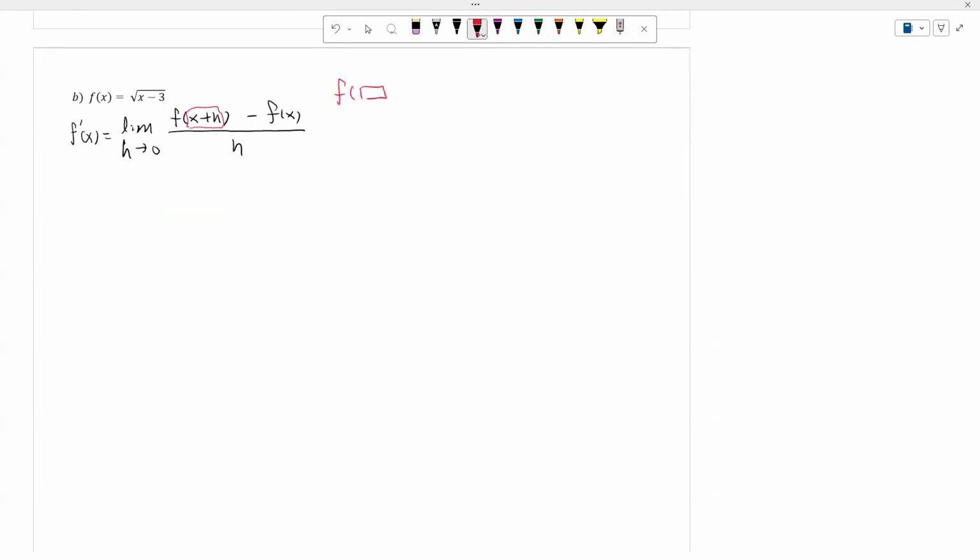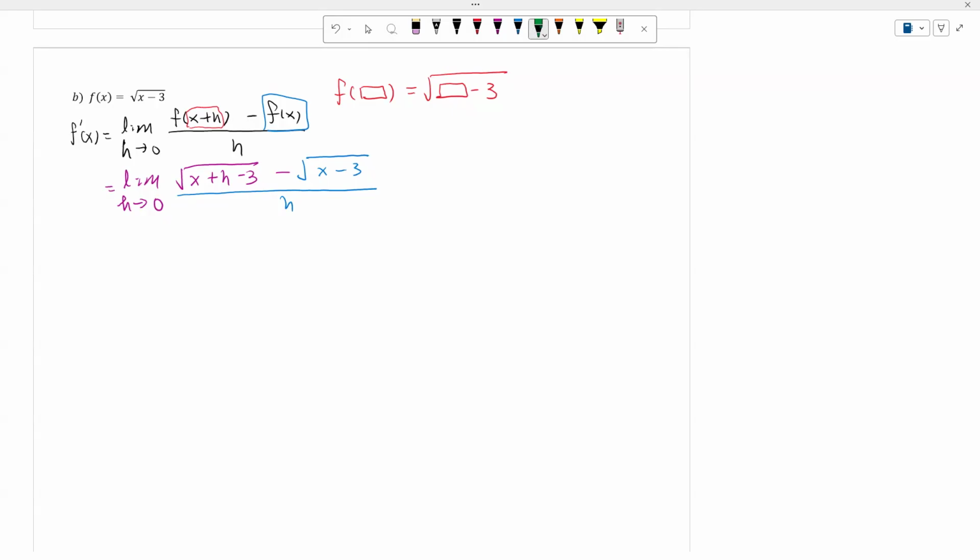Again, we could look at the f functions. And now it is the limit as h approaches 0 of square root of x plus h minus 3, minus f of x, which is square root of x minus 3, over h. Okay. Then now, how do we take care of this?